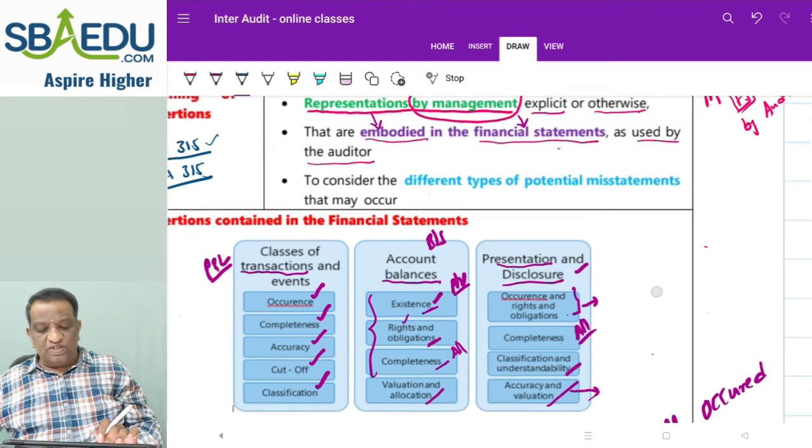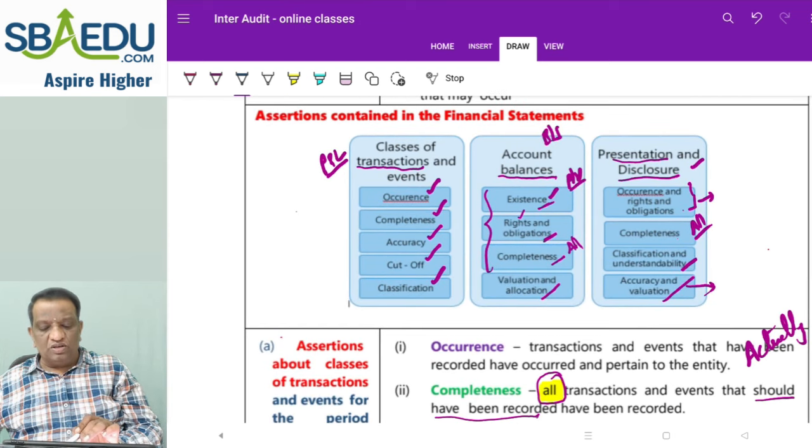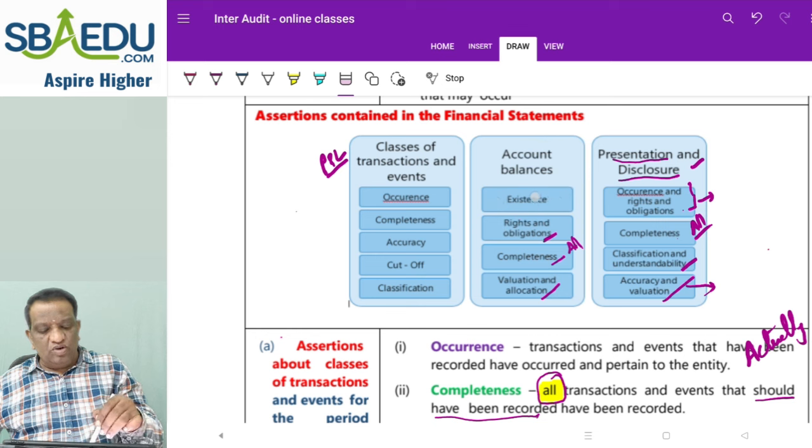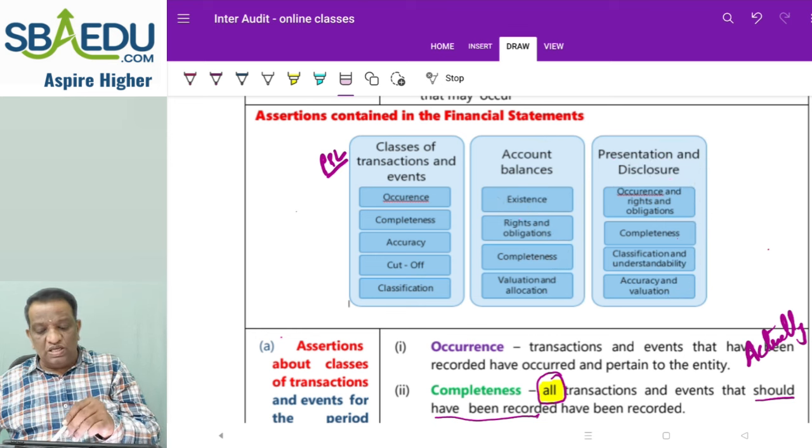Then, what are the types of assertions? That would depend on the classes of transactions, account balances, and presentation and disclosures. The assertions relating to transactions are occurrence, completeness, accuracy, cutoff, and classification. Now, one question he is asking: what is the one assertion which is common across all these three?